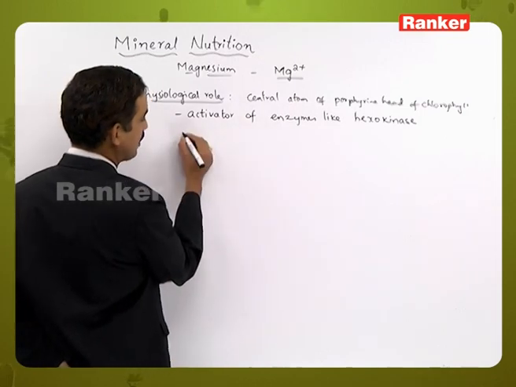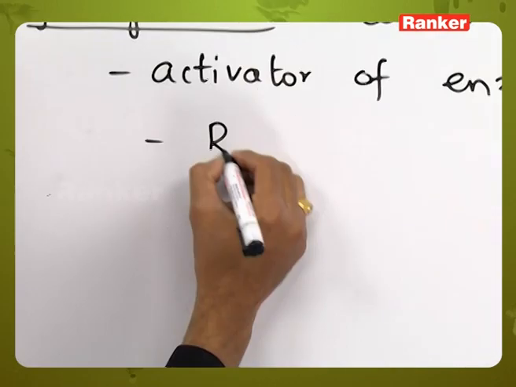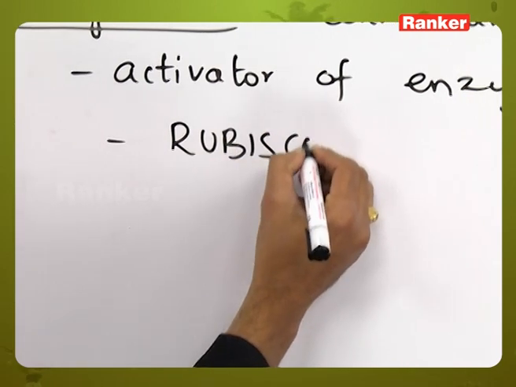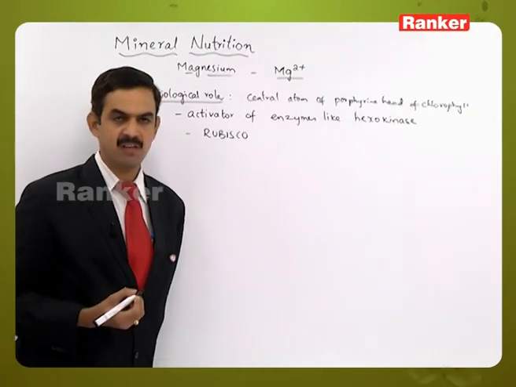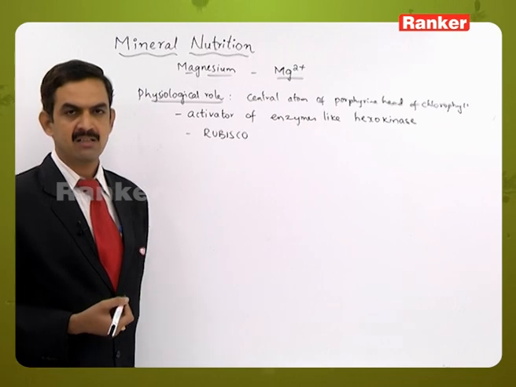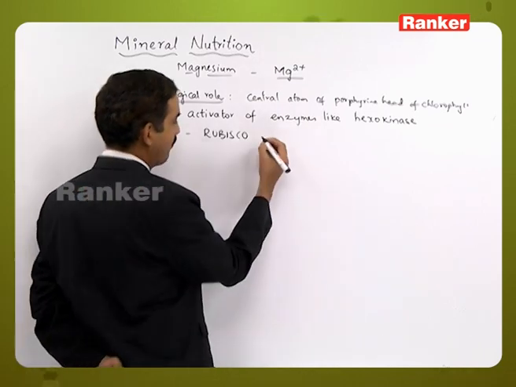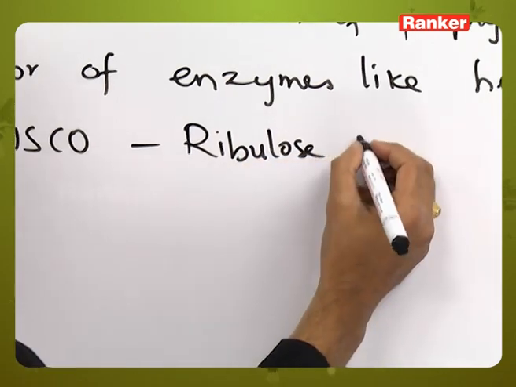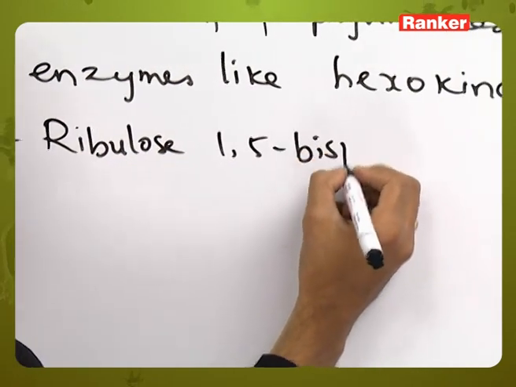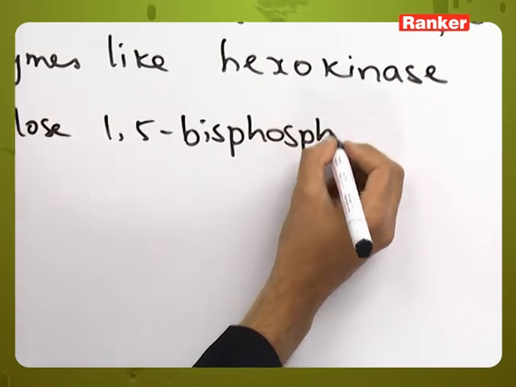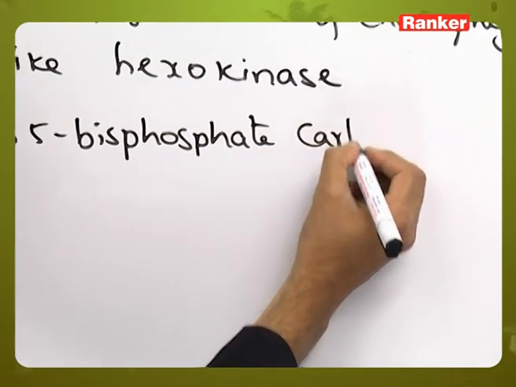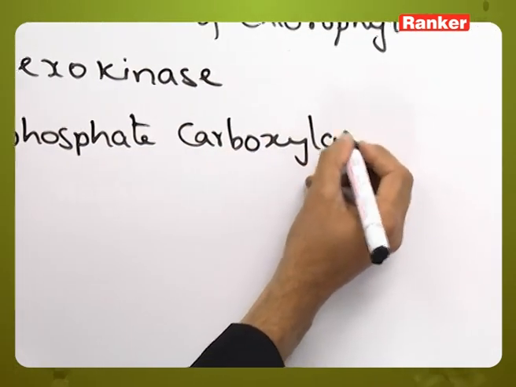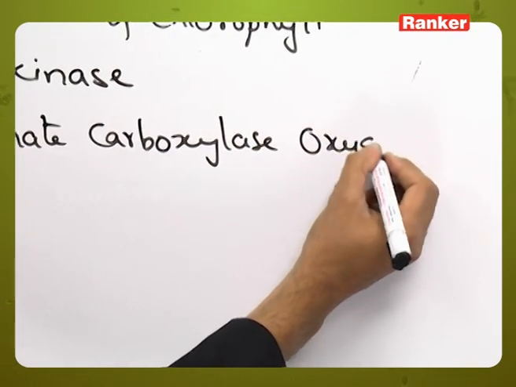Apart from that, it is also an activator for the Rubisco enzyme, which is the most important enzyme useful in the C3 process of photosynthesis, that is ribulose 1,5 bisphosphate carboxylase oxygenase enzyme.